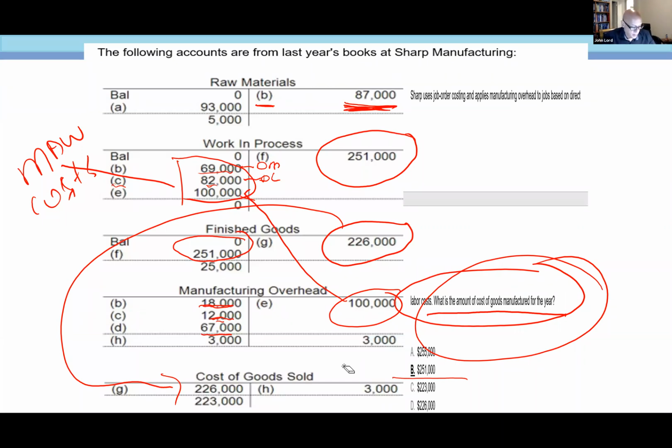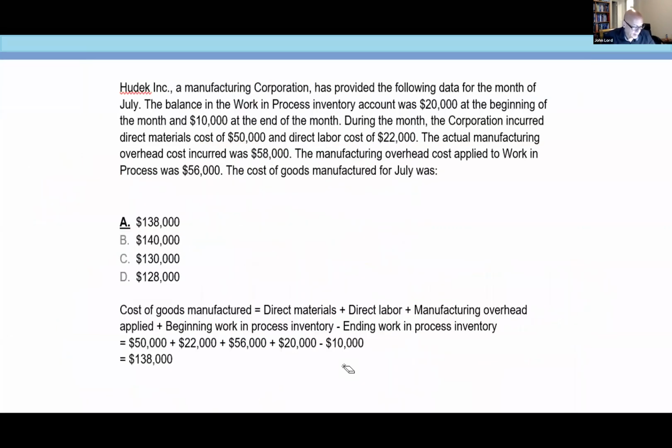Okay, good. Now you come over and the cost of goods manufactured for July. Stop. What are we looking for? We're looking for what was taken out of work in process and into finished goods.